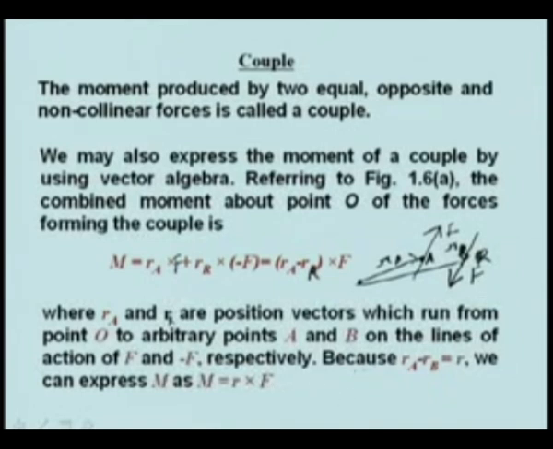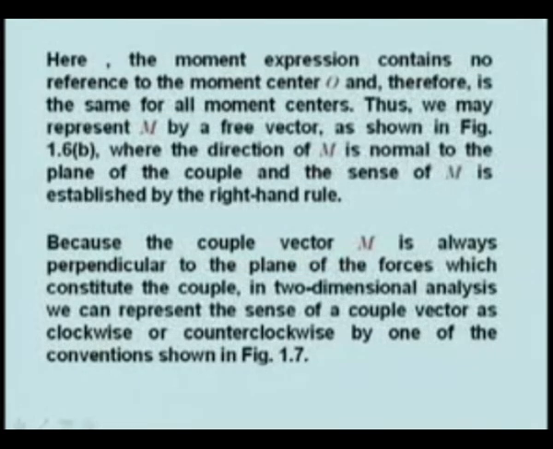In this case, r A minus r B is equal to r. Therefore, we can express M as M is equal to r cross F. Here the moment expression contains no reference to the moment center O, and therefore is the same for all moment centers. Thus, we may represent M by a free vector.